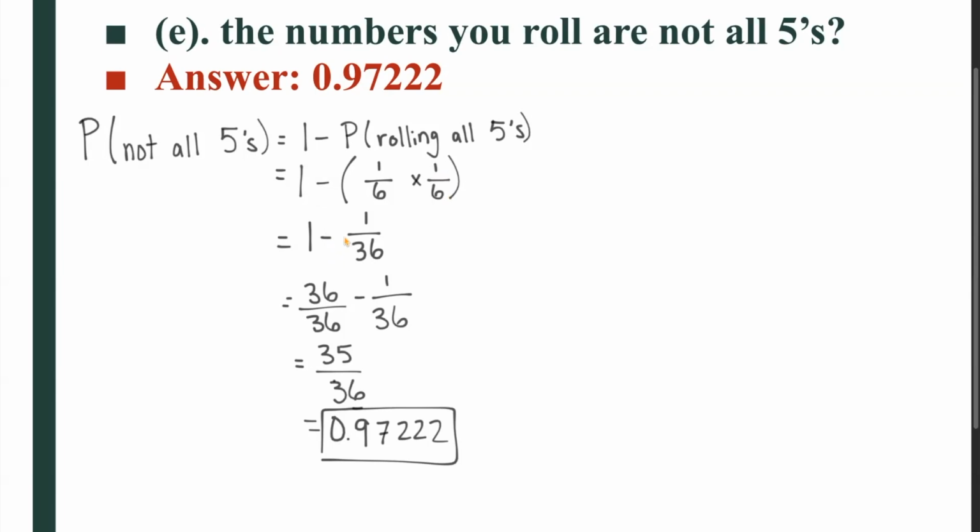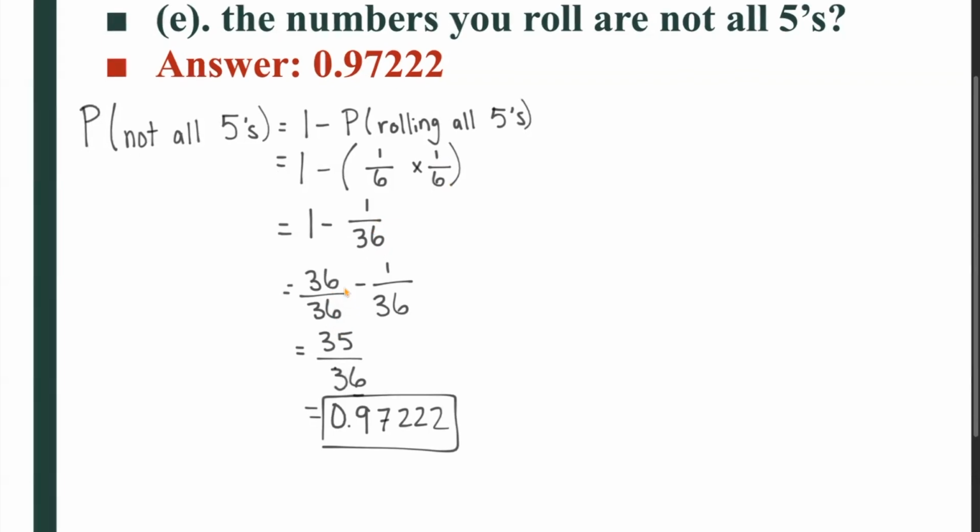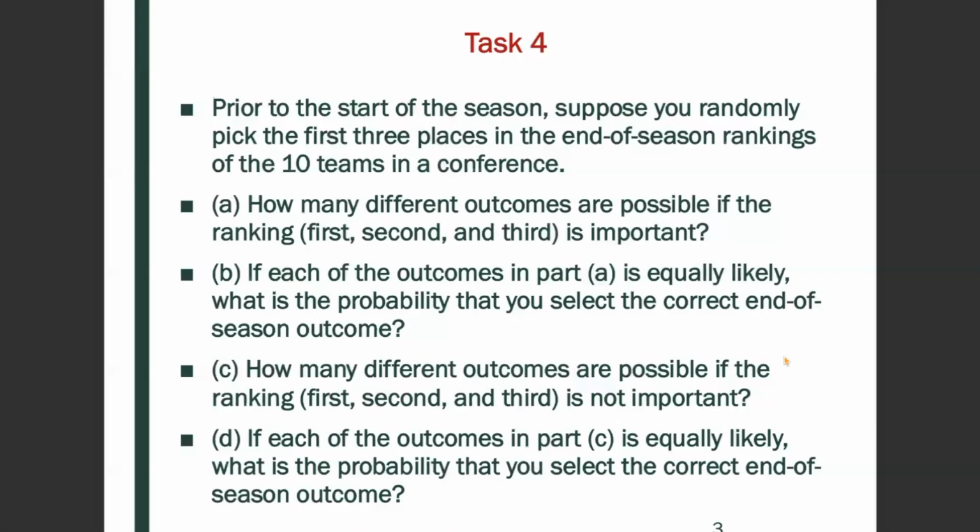So 1 minus this quantity here is 1 minus 1 over 36. And then once you simplify all of that and do the math, that's 35 over 36, or 0.9722 repeating.